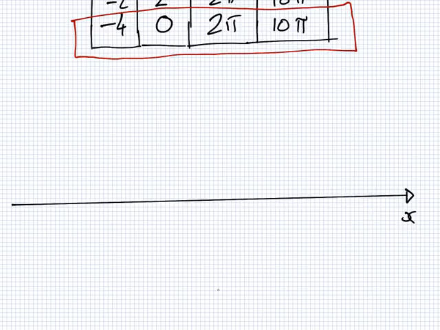X, y. For the moment, I'll go to 10, but I'll remove that later. So this is 10 pi, this is 5 pi, this is minus 10 pi, this is minus 5 pi.